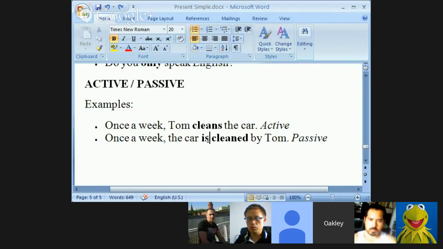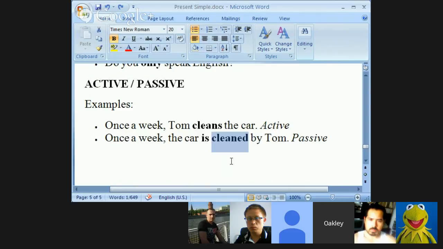Basically, the verb to be in the passive shows the actual verb tense. It doesn't matter what verb tense you're talking about. The verb to be is the part that shows the verb tense. It's then followed by the past participle of the verb.